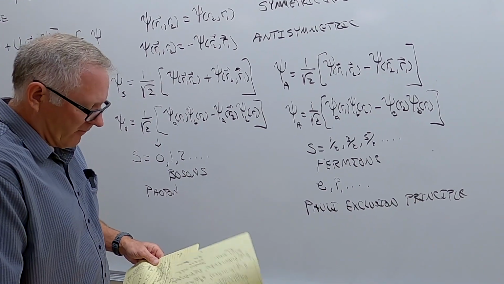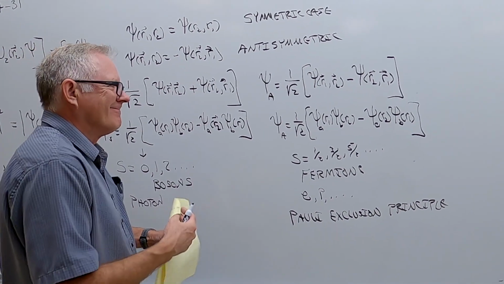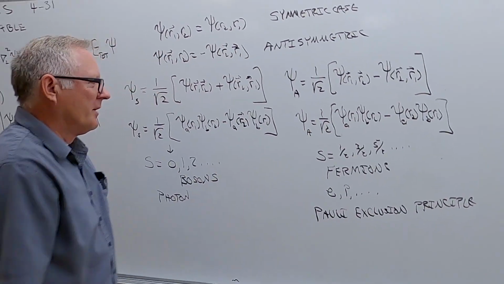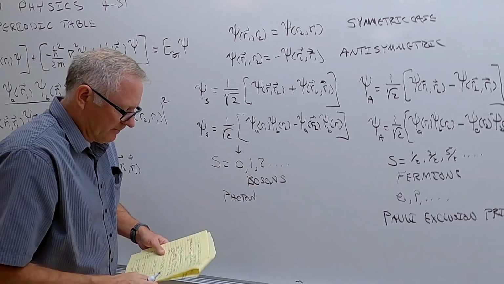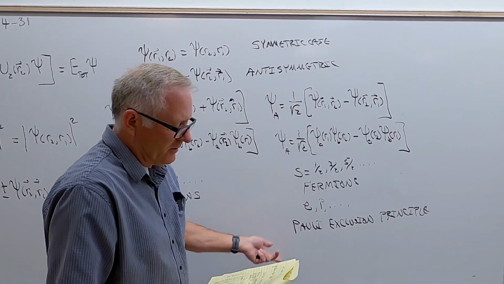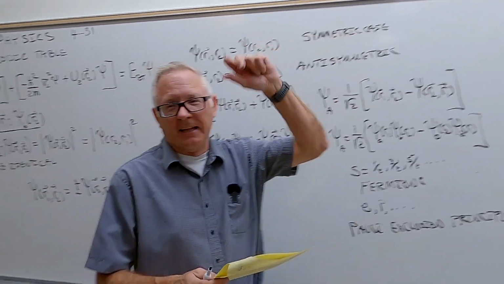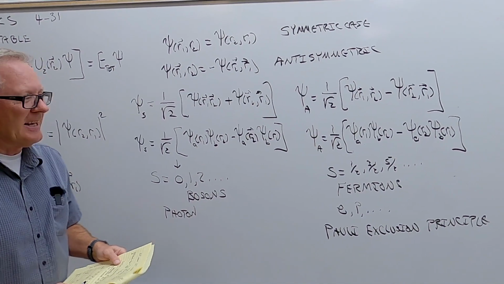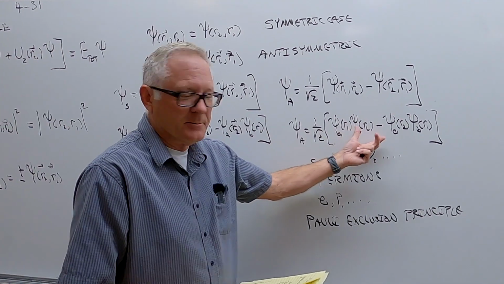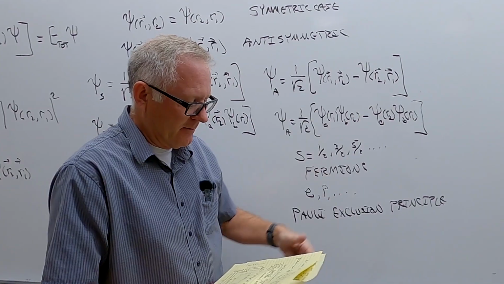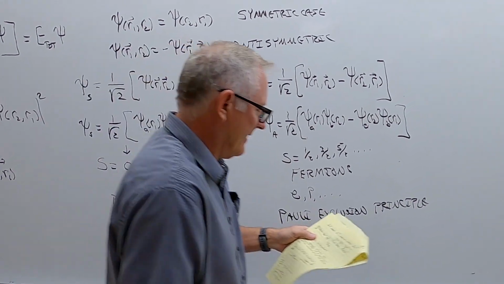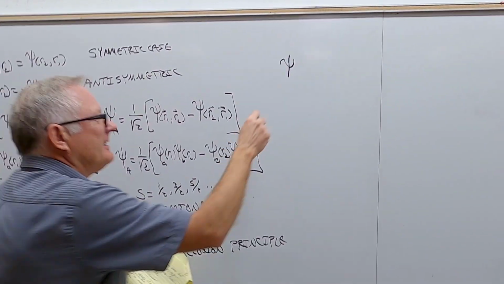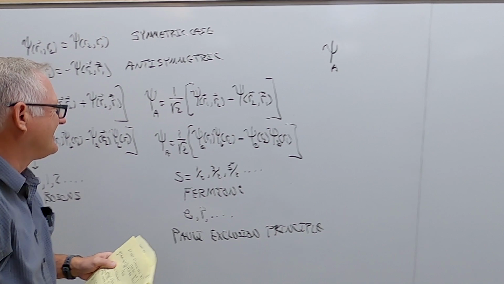Now, this is what you get for 2 electrons. These are the ones we care about when we're in the atom because they're fermions. But what would this be if it was, say, 26 electrons? Maybe it's iron. What's this thing going to look like? Well, this term's going to get pretty big. And the way you would calculate it is you'd say psi, the anti-symmetric one, if you had 26.